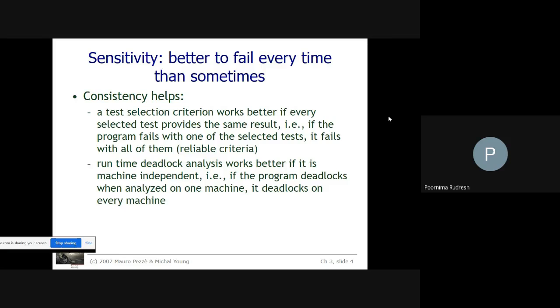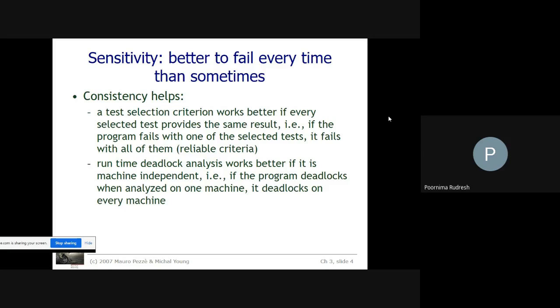So to check whether the developed software passes through the deadlock situation, you have to check that software by running on different machines or with different system configurations, because running it on a single machine is not efficient. If the deadlock is analyzed on one machine, it may have no deadlock there, but if we try that software on another machine, there is a chance that the deadlock may occur in that particular system.